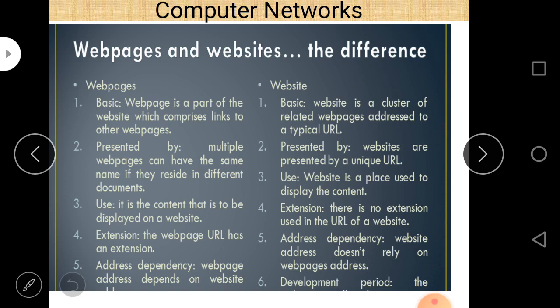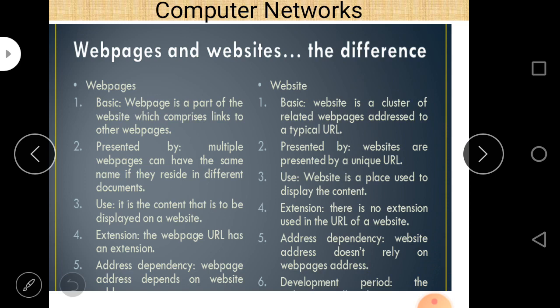Next point is representation. Multiple web pages can have the same name if they reside in different documents, which is an important point. Websites are represented by a unique URL.